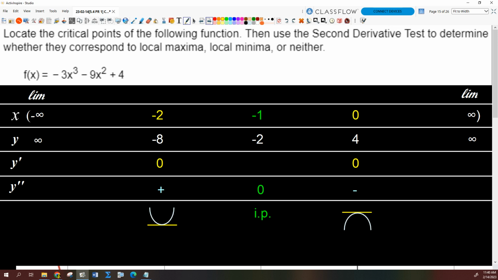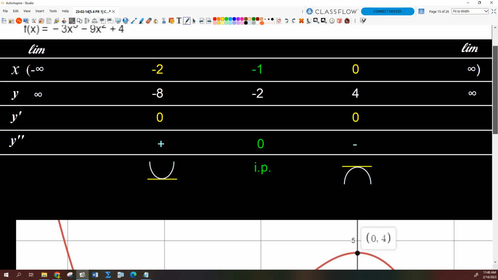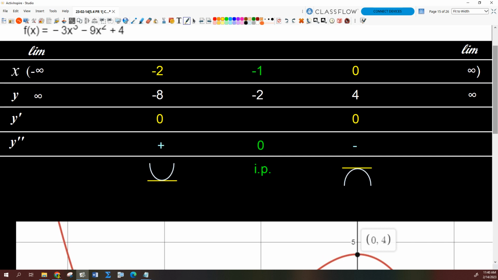Okay, but how could we determine that x equals negative 2 is a minimum and x equals 0 represents a relative maximum? We could use the first derivative test, right? We don't know that yet. I've already got everything in the chart, but let's talk about how we could do this.